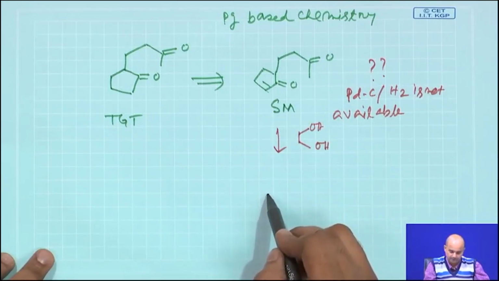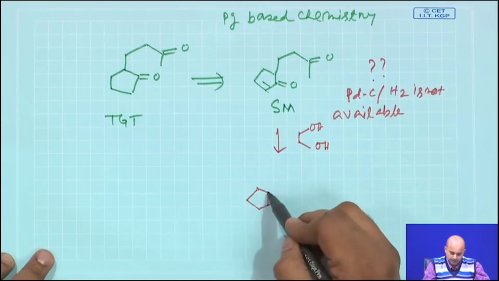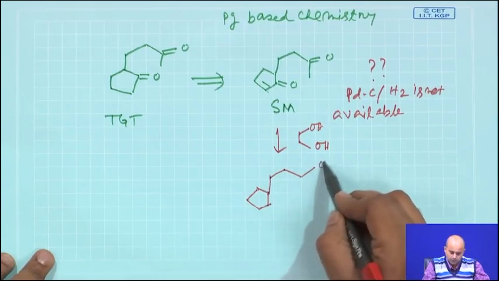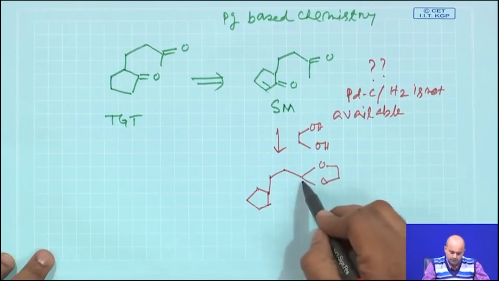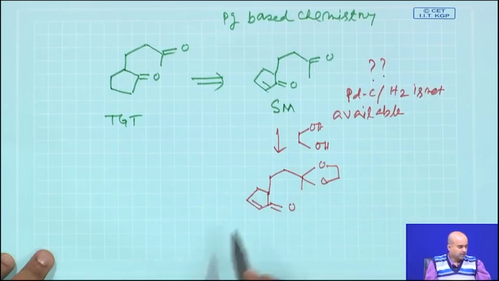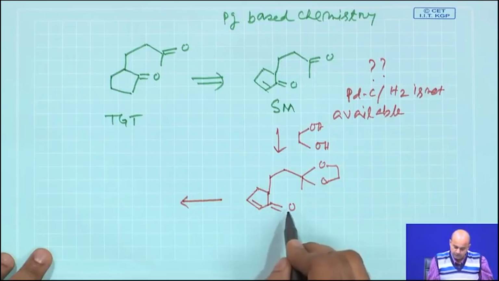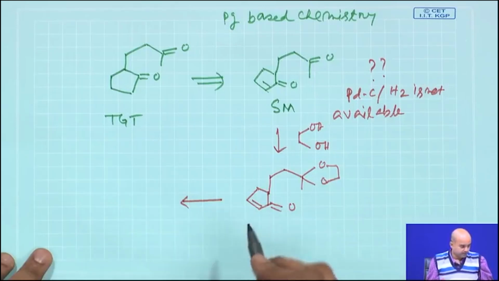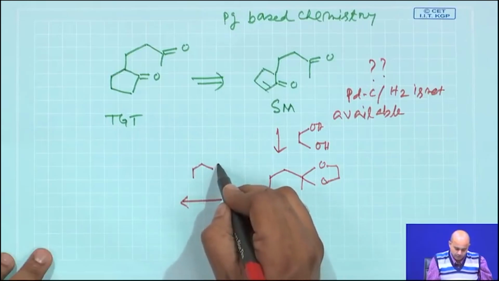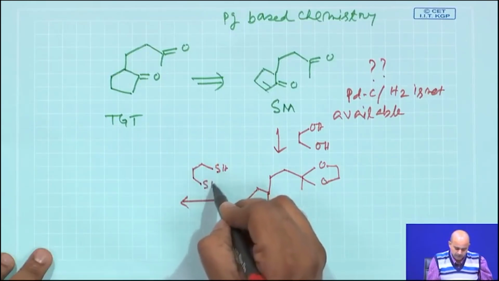Now, this reagent is basically 1,3-dithiane, which we earlier explained. Now, this ketone is still there, and this alpha beta unsaturated ketone you now need to protect with the corresponding 1,3-dithiane.